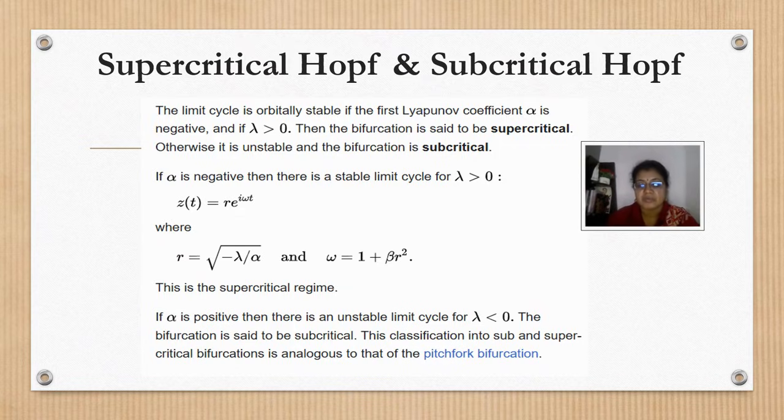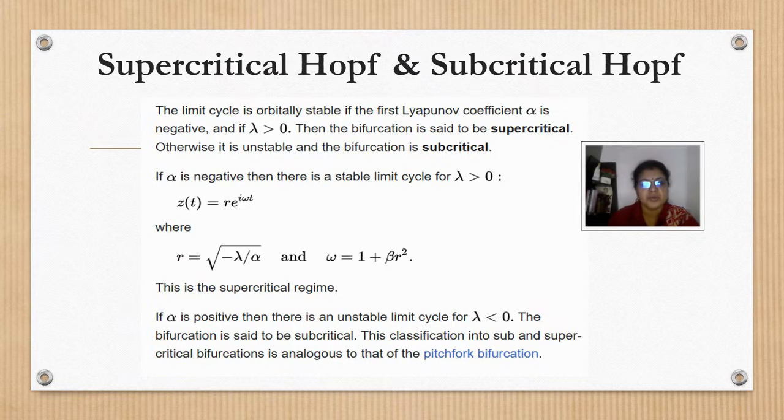So we can have lambda greater than 0. That is the supercritical bifurcation. Otherwise, we will have the subcritical when the Lyapunov coefficient takes a positive value. If alpha is negative, then there is a stable limit cycle for lambda greater than 0. If alpha is positive, there is an unstable limit cycle for lambda less than 0.